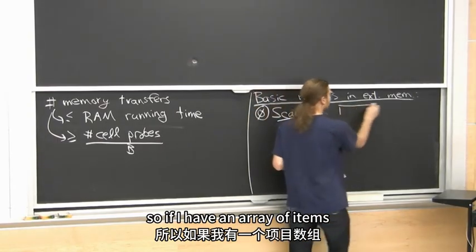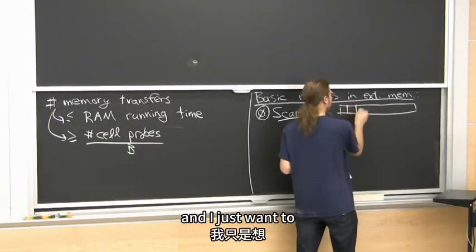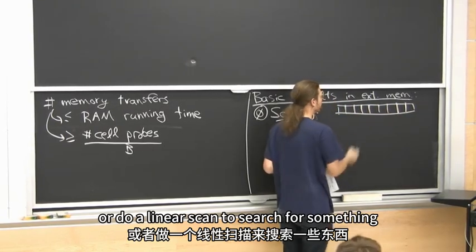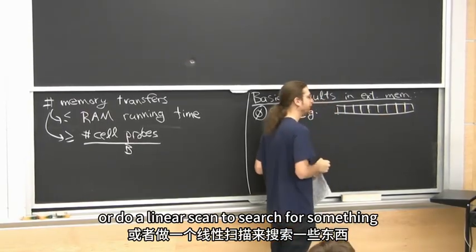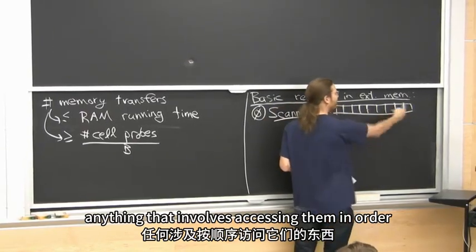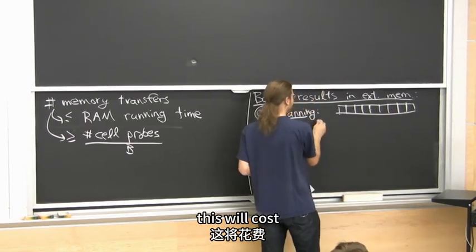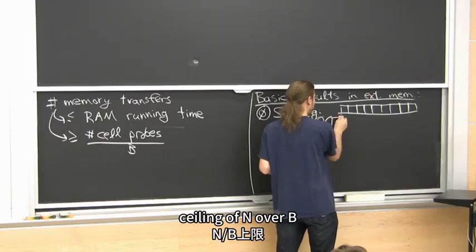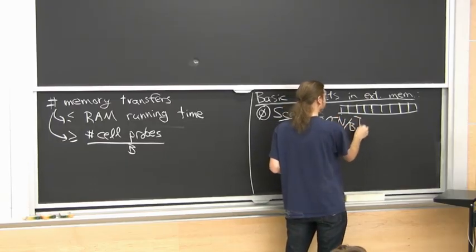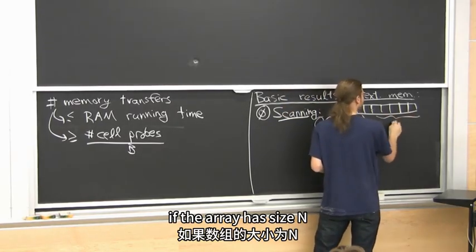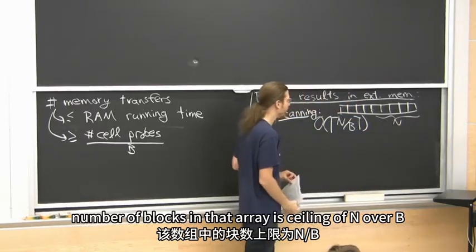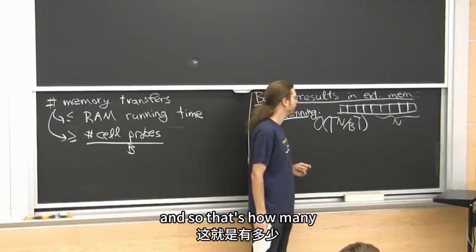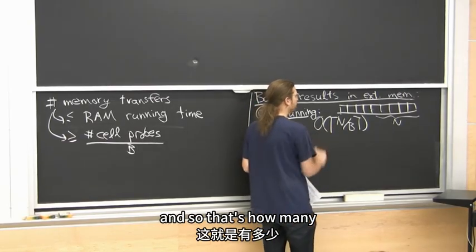If I have an array of items and I just want to add them all up or do a linear scan to search for something, anything that involves accessing them in order, this will cost ceiling of n over B. If the array has size n, the number of blocks in that array is ceiling of n over B, and that's how many block accesses it costs.